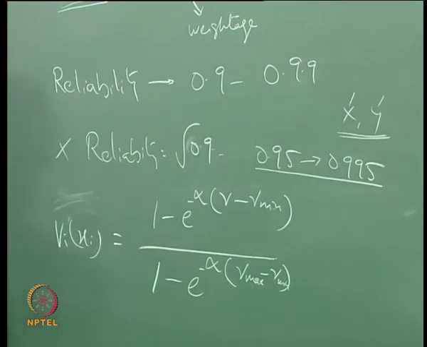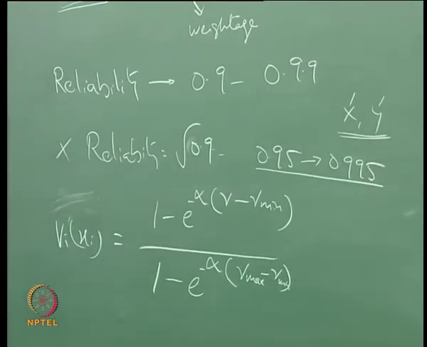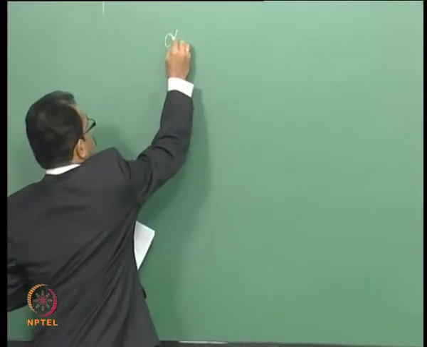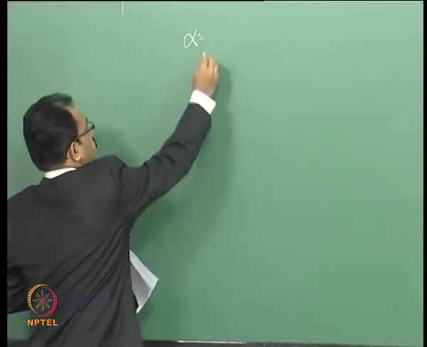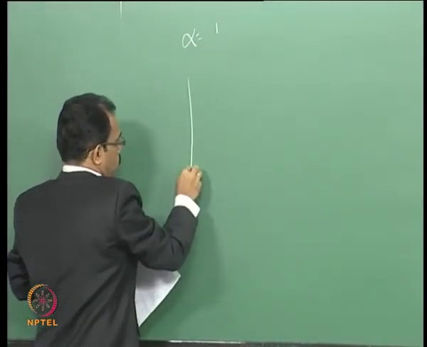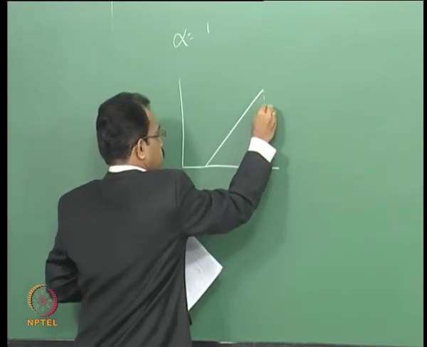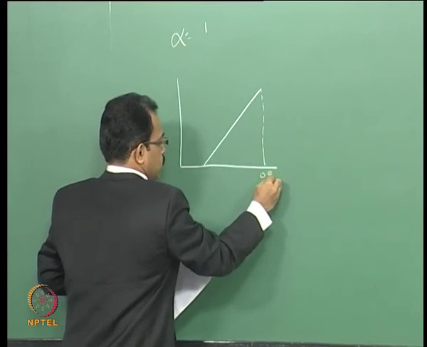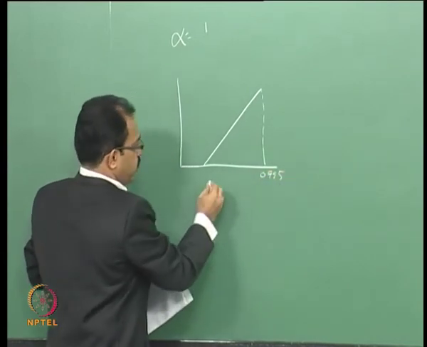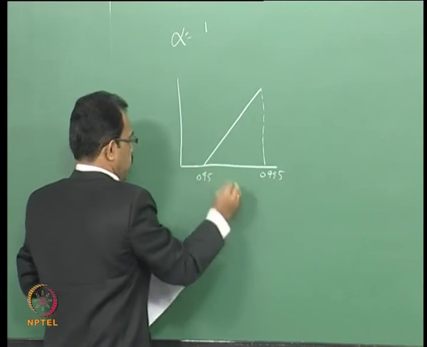If you take alpha equal to a particular value of 1, the value function will go from 0.95 to 0.995 like this.